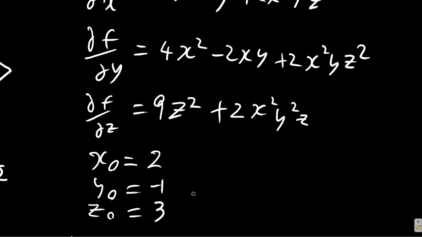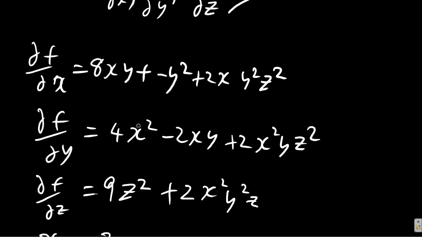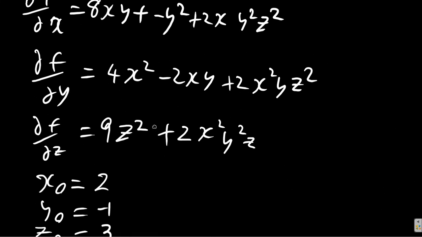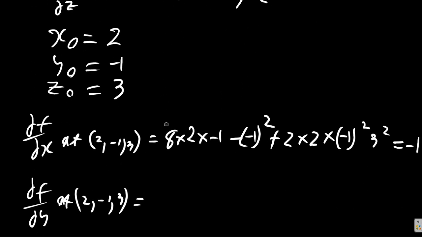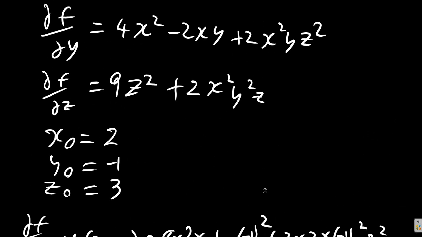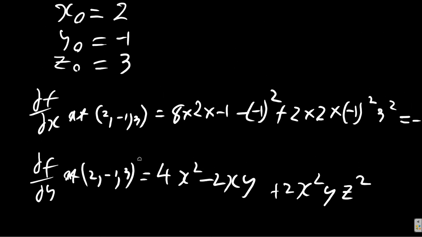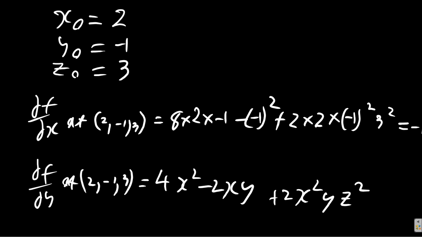What about delta f by delta y at that point? Delta f by delta y at 2, -1, 3 is equal to, now we look at our formula, 4x squared minus 2xy plus 2x squared y z squared. Now let's put in the values. X is 2.